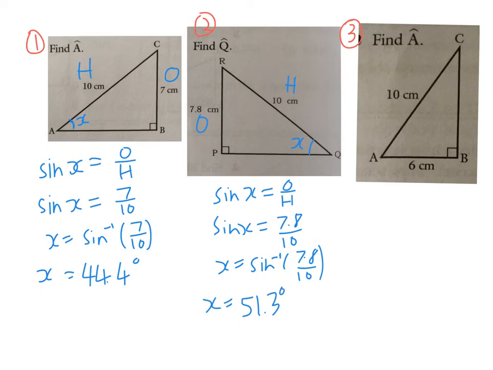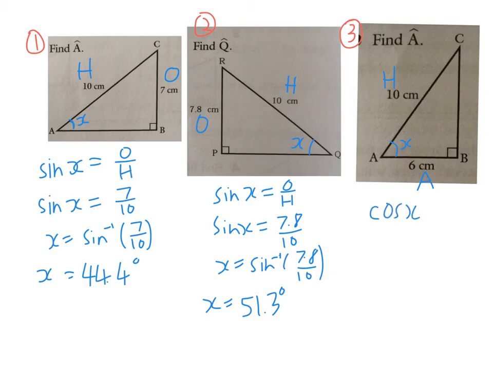Question 3, we want to find a, so we label it. We know the hypotenuse is the longest side, and this side here is adjacent, or next to. So it's A. That's different from 1 and 2, because 1 and 2 are O and H, but number 3 has A and H. The connection there is cos.